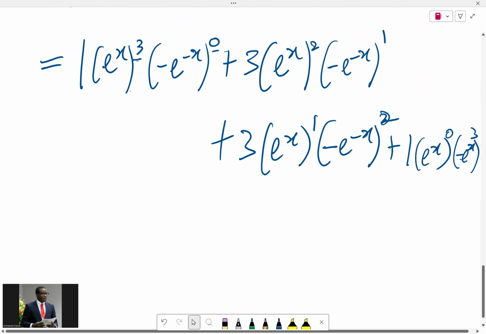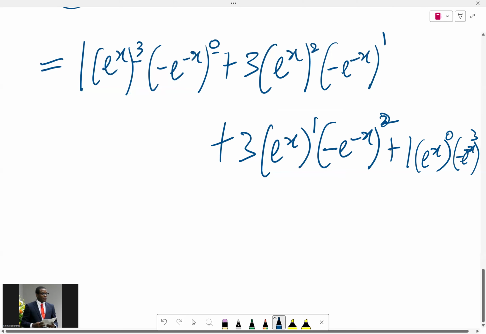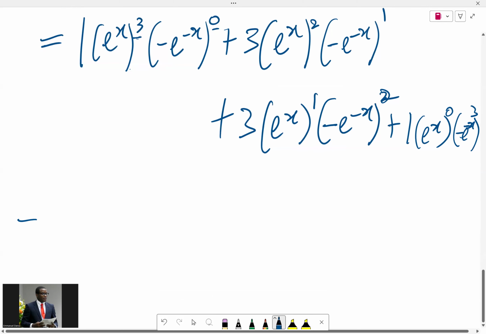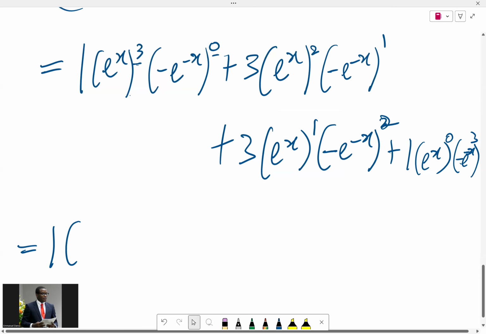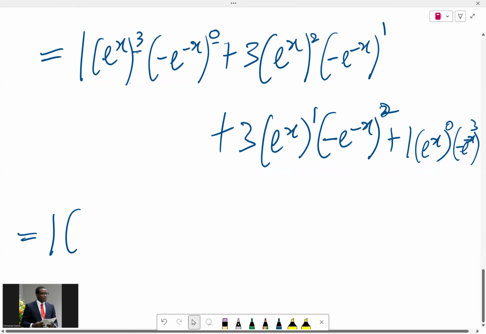Okay. So let's try to tidy that up. e raised power x minus e raised power minus x. So you have 1 into e raised power x raised power 3, which is e raised power 3x, first of all.